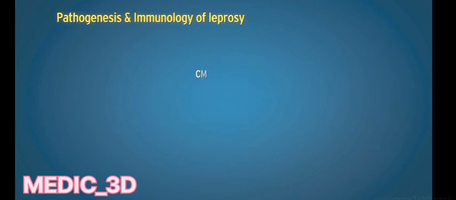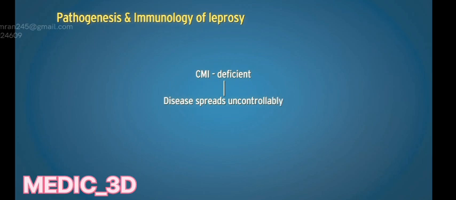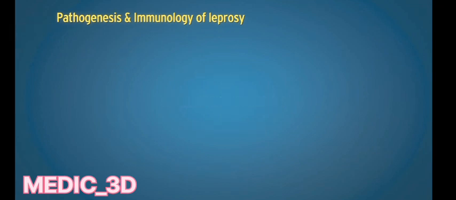If cell-mediated immunity is deficient, the disease spreads uncontrollably and produces multibacillary leprosy with multiple system involvement. However, this disease has low pathogenicity. Only a small portion of infected people develop the signs of disease.